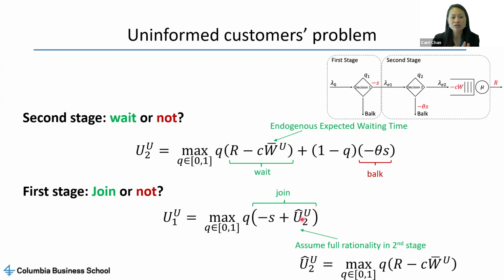We're actually going to assume that the customers believe themselves to be fully rational in the second stage. So you can look at the contrast between this expected utility and the actual, if you took expectation over what's happening in the second stage. Here, we don't have this cost of balking and that fallacy of incurring that sunk cost.